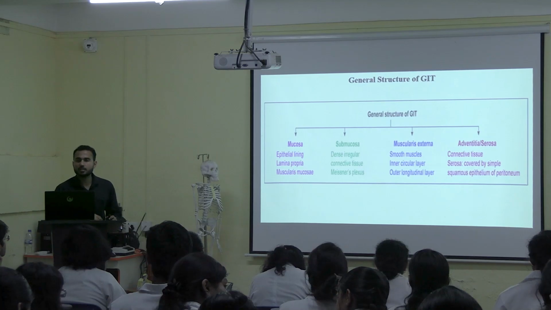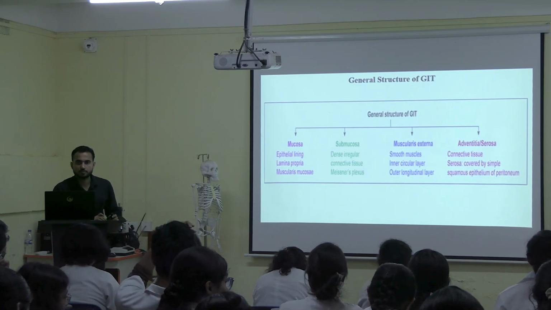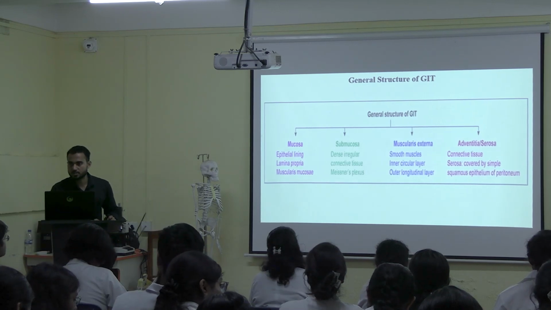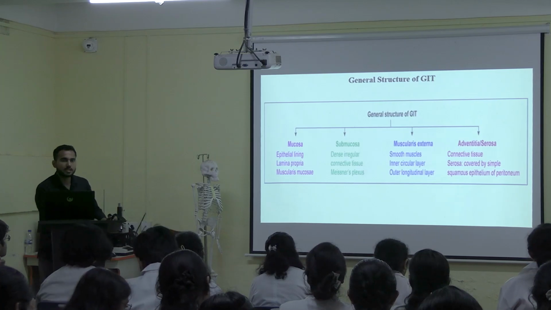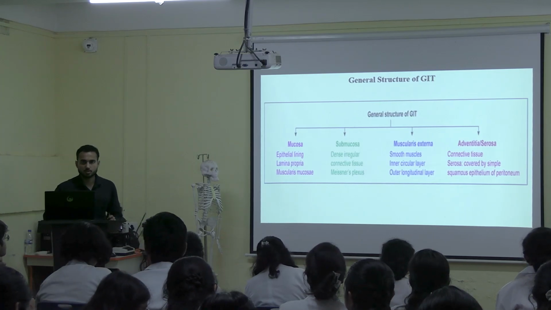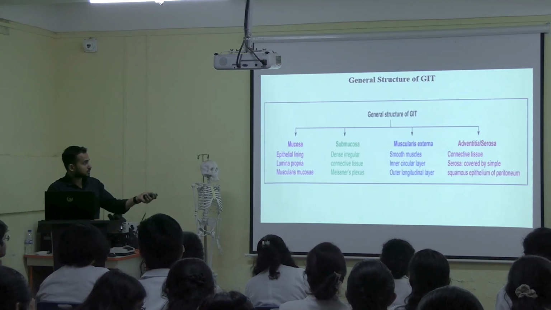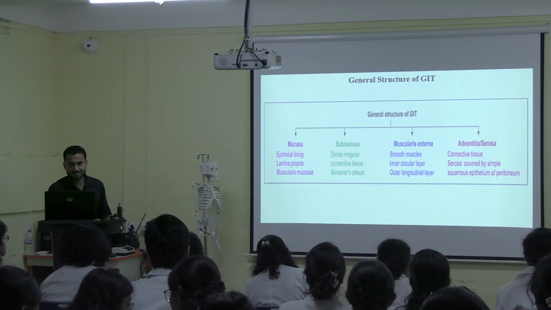That is the preganglionic part, and the fibers coming out from there will be the postganglionic part. This entire part comes under the enteric nervous system, ENS. Details we'll discuss in the head and neck portion, don't worry. So in submucosa, dense irregular connective tissue and Meissner's plexus are there.